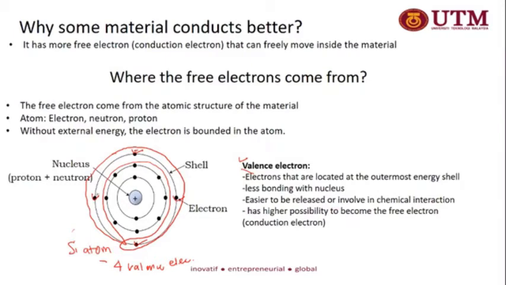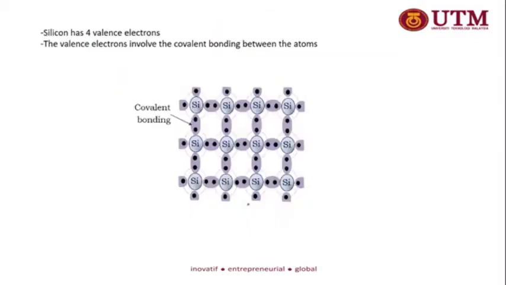For example, if silicon has a nearby atom, the electrons involved in the interaction will be the valence electrons. The first and second levels are quite stable. So the valence electron has a higher possibility to become a free electron or conduction electron. This is the importance of valence electrons in the context of electronic devices. Silicon has 4 valence electrons.